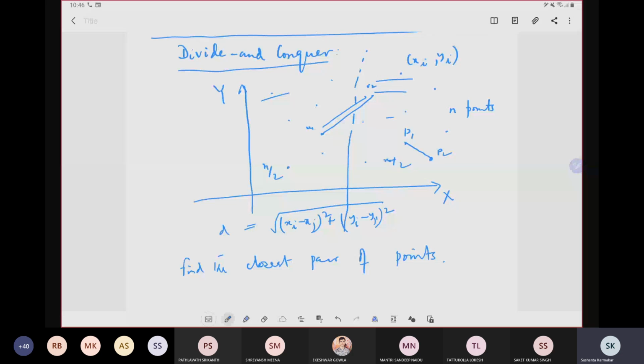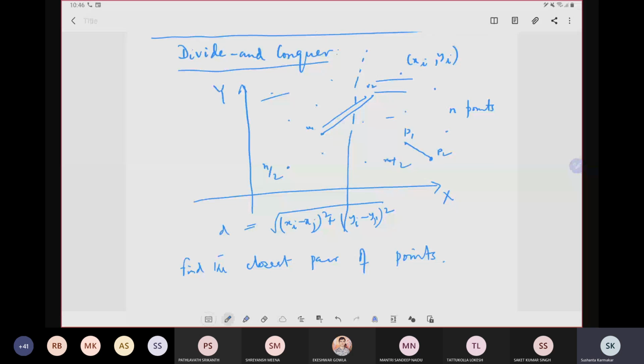If Fn is of the order of n, Tn has some value. If Fn is of the order of, suppose, n square, then Tn has a different value.